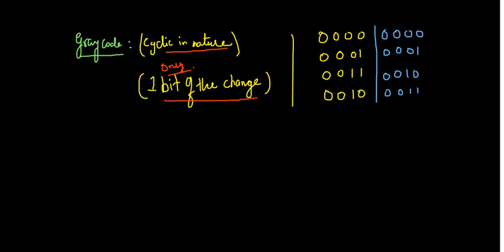So here this 0 changed to 1, so this is correct, only one bit of change. But if we do it in 8421 form, and this is our gray code, in 8421 form what is happening, this 0 is changed to 1, and this 1 is updated to 0, so 2-bit change. We didn't want that, we did not want that.